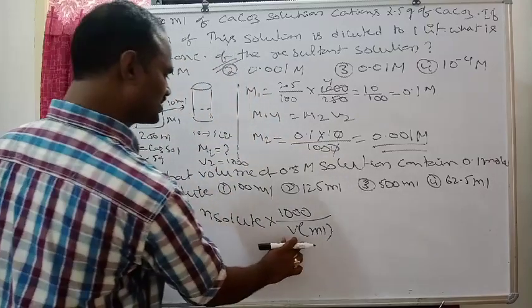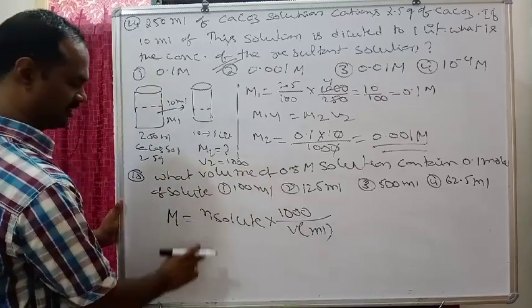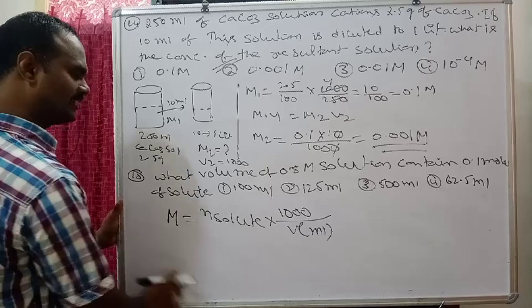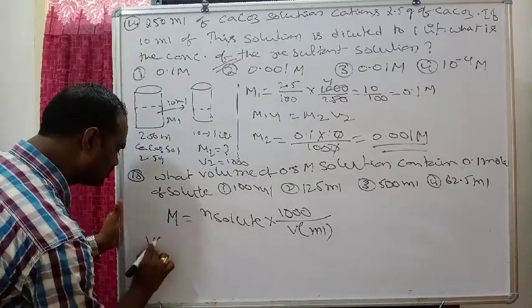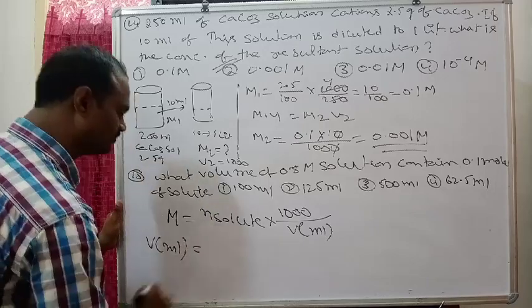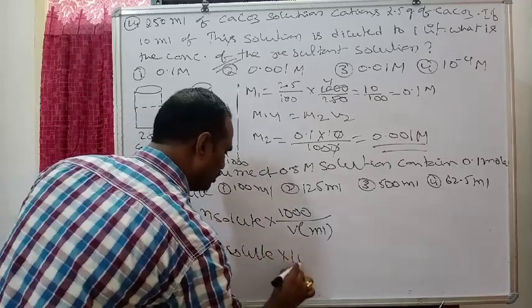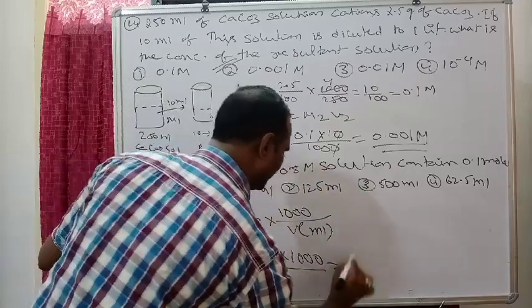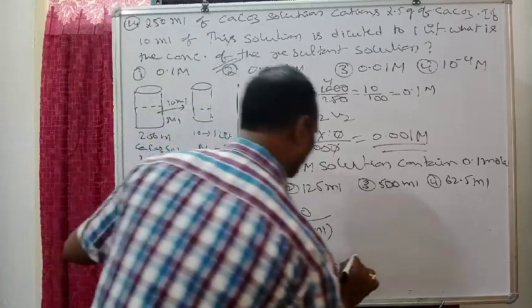Sir, they are not asking the number of moles of solute, they are asking the volume of solution. They have given the number of moles of solute and molarity, and they are asking the volume of solution. So the volume of solution is the number of moles of solute into 1000 by molarity.